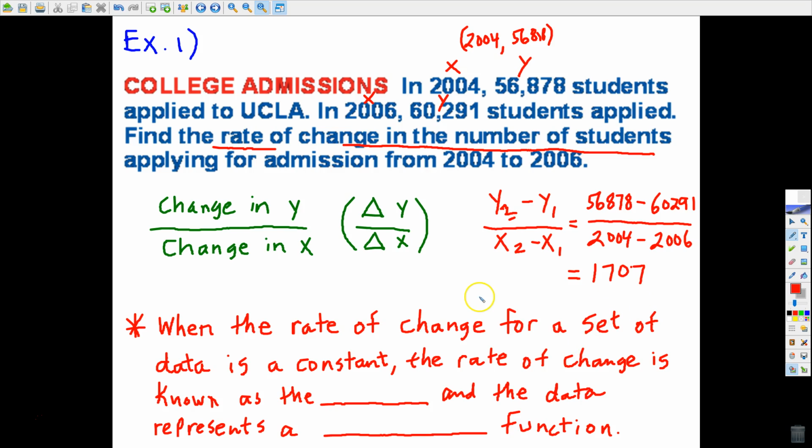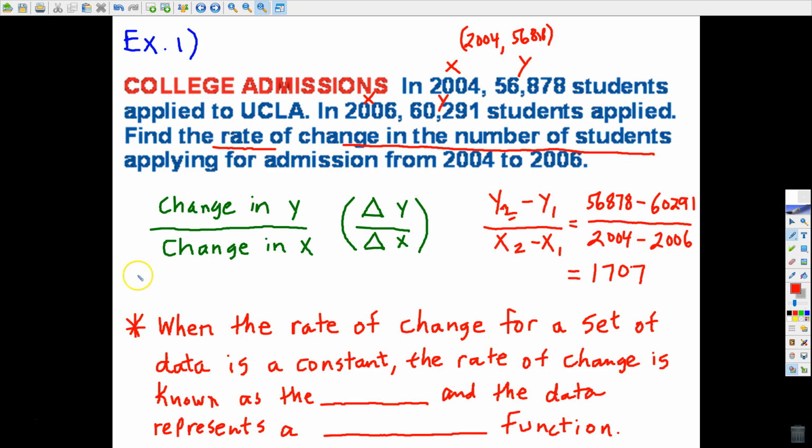Now, in word problems like this, it's always a great idea to represent your answer in context. Instead of just saying 1707, let's place this in a sentence that provides some context to our answer. And there's a couple of different ways to phrase it.